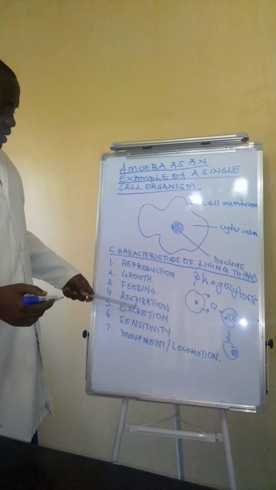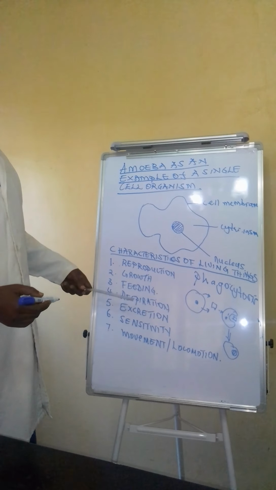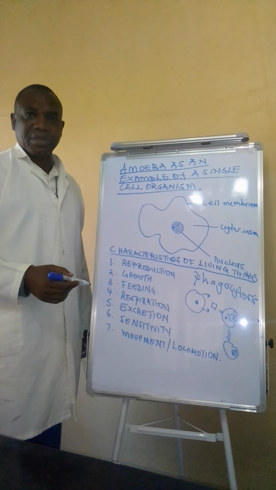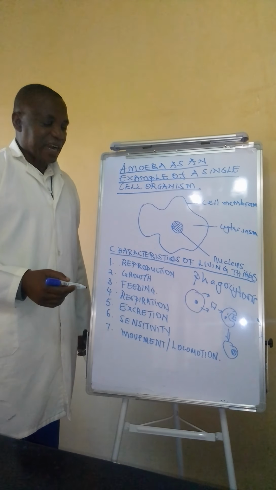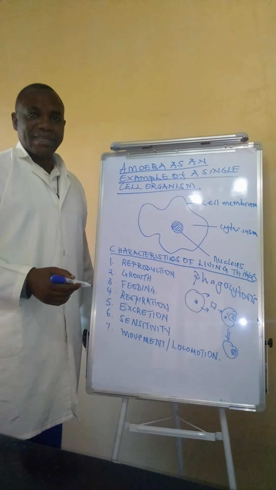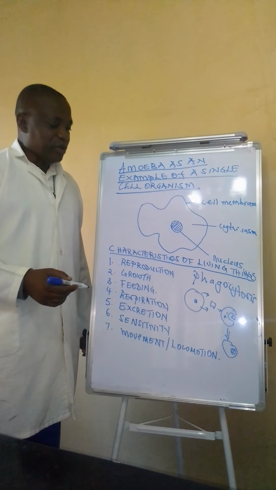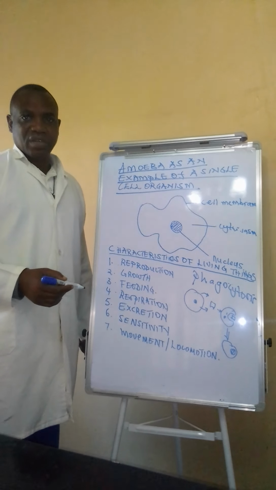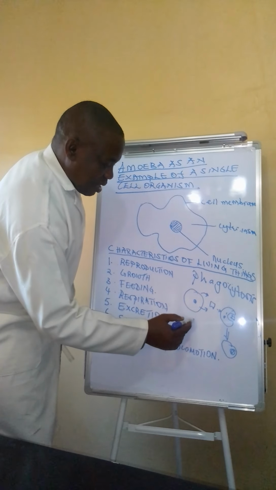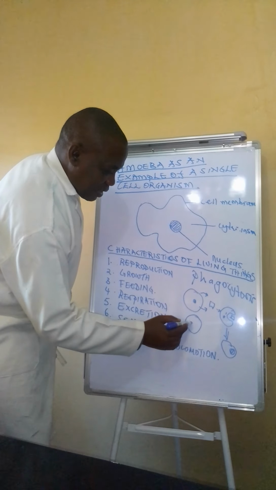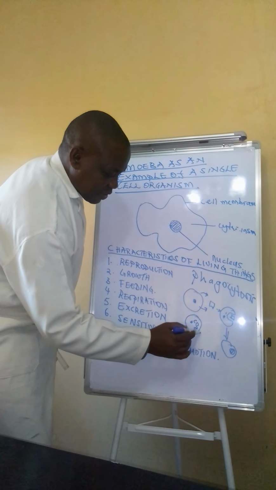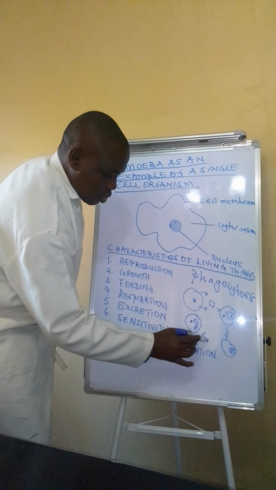Then after the food has been respired, during respiration there are metabolic wastes that are produced, especially carbon dioxide. And this carbon dioxide accumulates inside the amoeba and it has to be removed. The way in which it is removed is by diffusion. Because here you'll have CO2 in high concentration, and outside the cell it's low concentration.